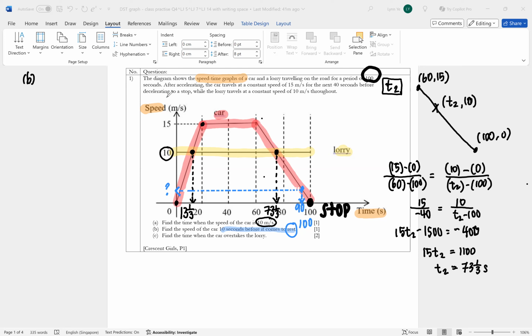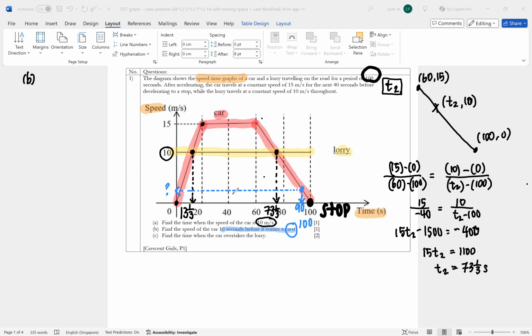Like just now, someone got a time that is negative. Can even time be negative? It's logic, you already know. It means you know that you're on the wrong track. Right, guys? Just now for the answer to A, you know that your answer must be between 60 and 80. So if your answer for question A is not between 60 and 80, you know you're wrong already. So you must use a little bit of logic.